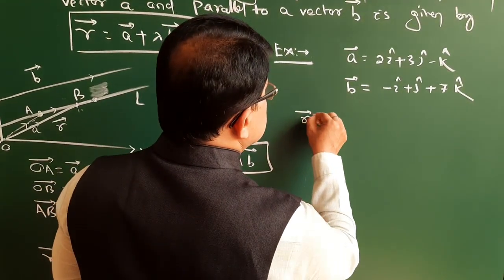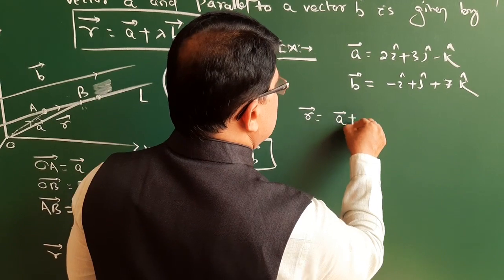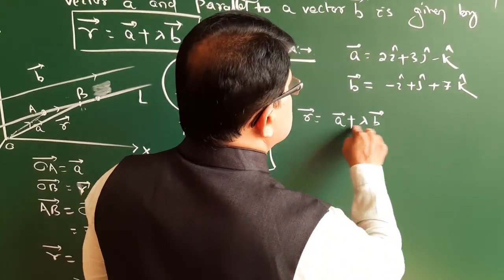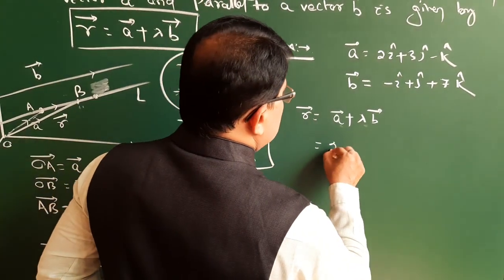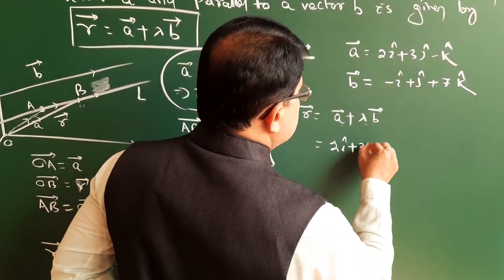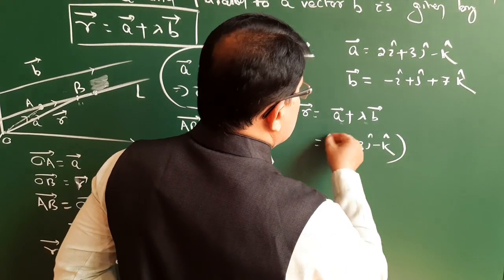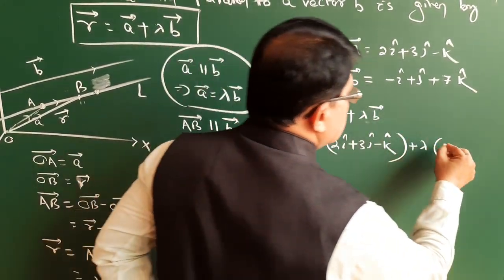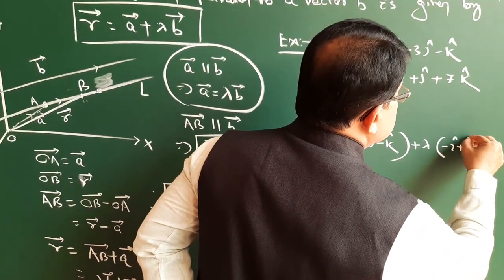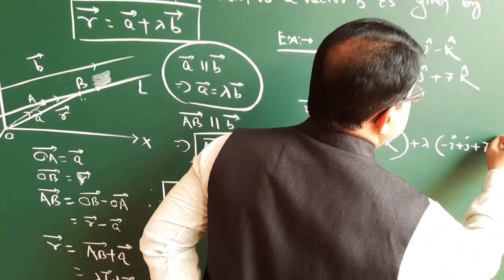So r vector is equal to, simply you have to use the formula: r vector is equal to a vector plus lambda into b vector. So a vector is given, 2i plus 3j minus k, and lambda into b vector, where b vector is minus i plus j plus 7k.